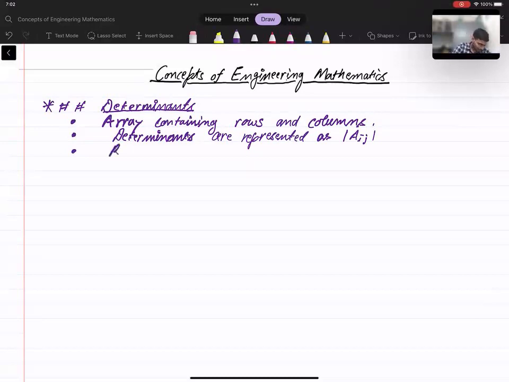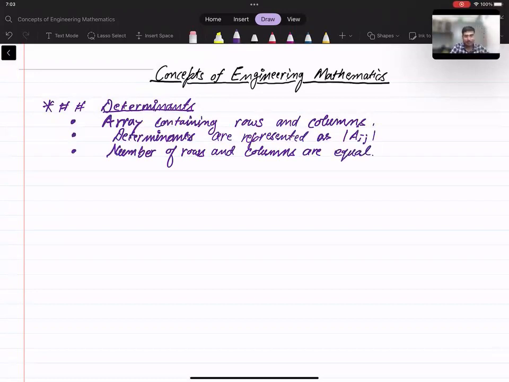The number of rows and columns are equal. And when we solve the determinant or expand it, we get a scalar value.